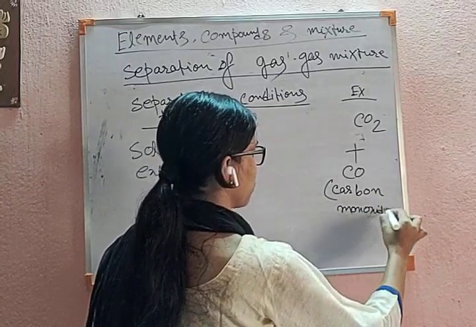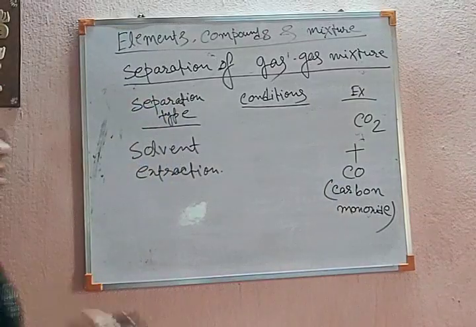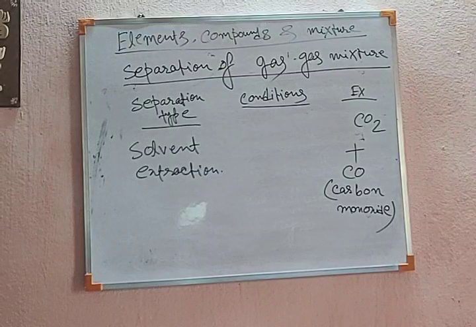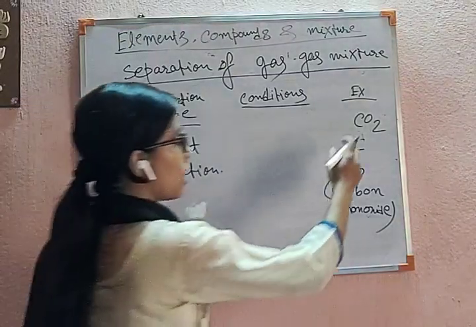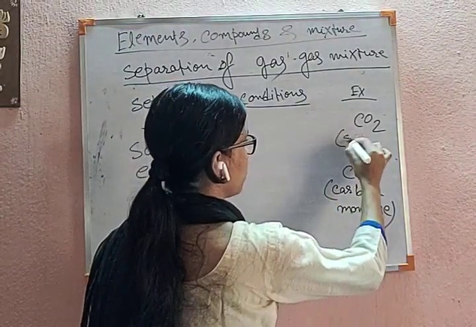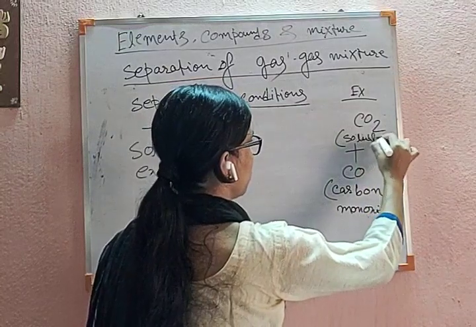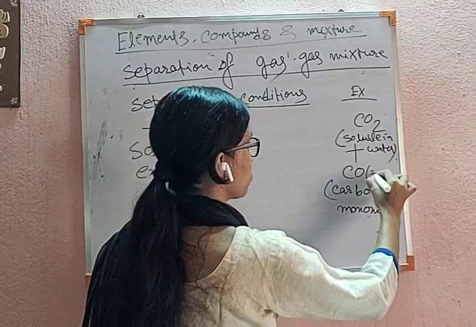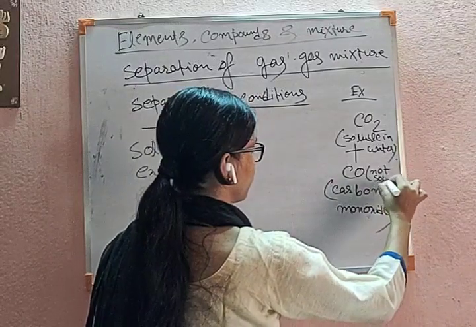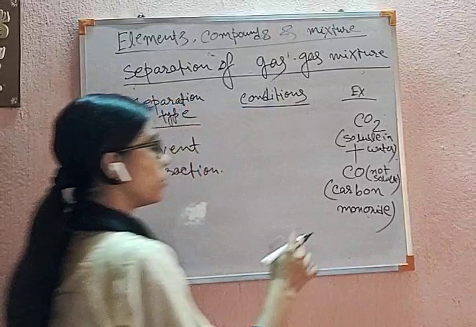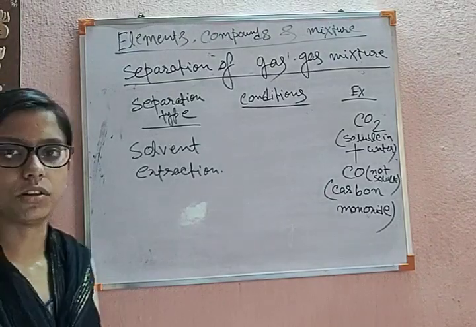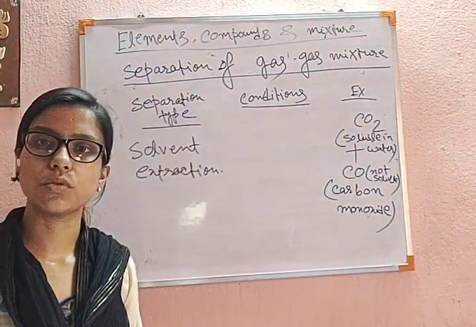When we put this mixture in water, taking water as the solvent, carbon dioxide is soluble in water, but carbon monoxide is not soluble. So we are separating these two gases.